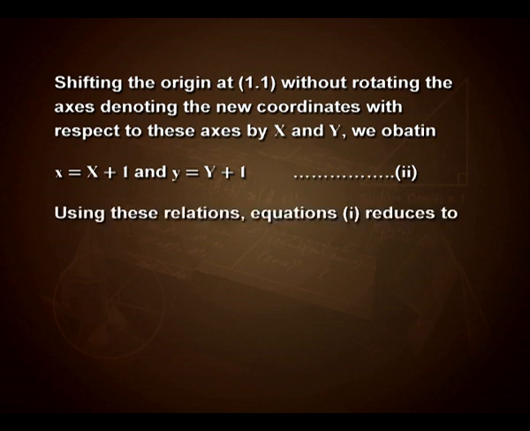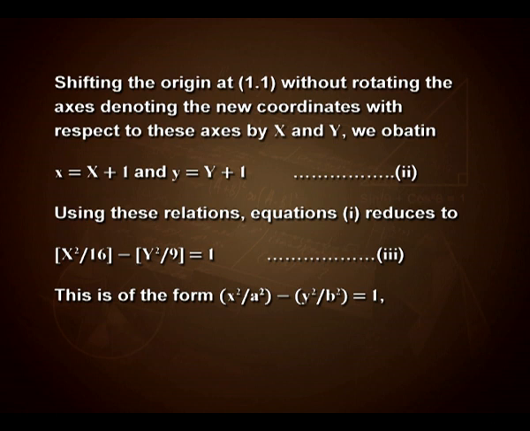Using these relations, equation 1 reduces to X square upon 16 minus Y square upon 9 is equal to 1. Take this as equation number 3. This is of the form X square upon a square minus Y square upon b square is equal to 1, where a square is equal to 16 and b square is equal to 9.